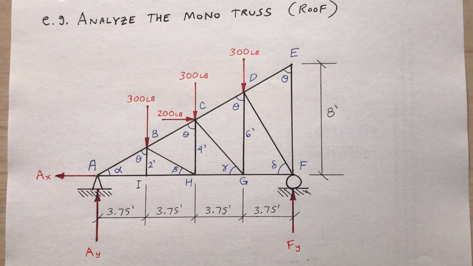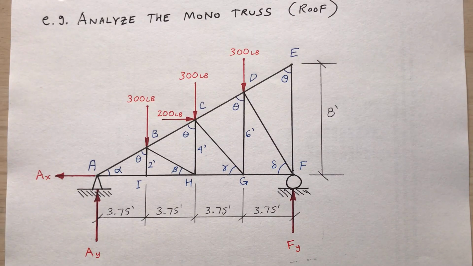For the method of joints, at each joint, the sum of the forces in the x direction has to be 0, and the sum of the forces in the y direction has to be 0. Now, the method of joints is quite cumbersome. At each joint that you're analyzing, you can't have more than 2 unknowns, and so I can't just start at any joint.